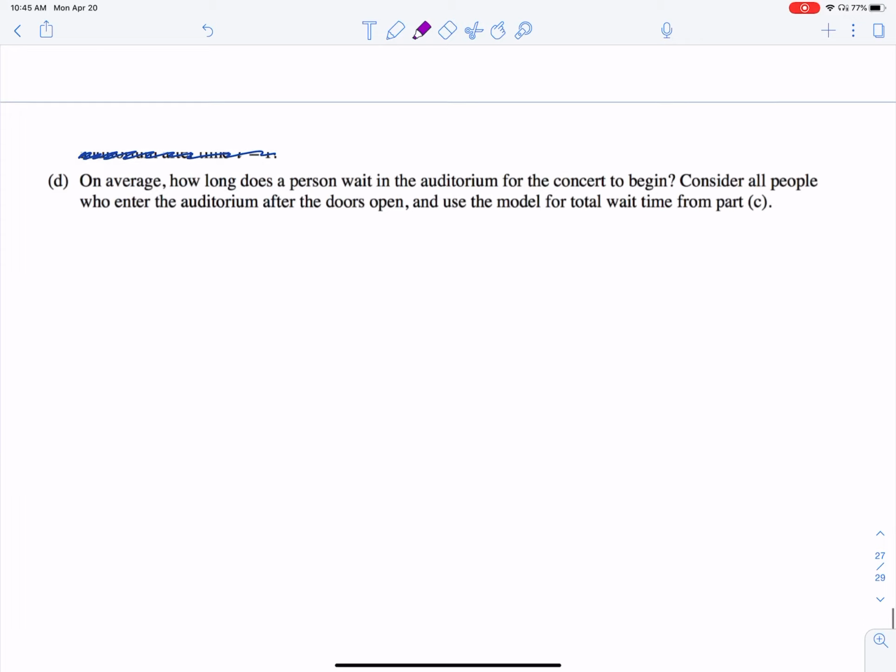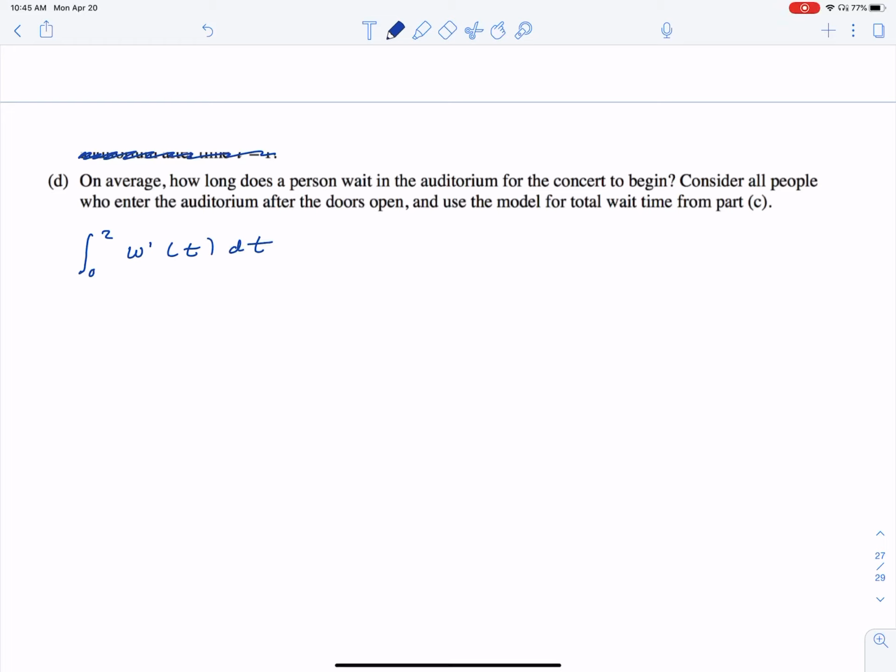So let's go and do that. One more time, I'm going to take the total number of people who enter the auditorium from 0 to 2, so the integral from 0 to 2 of W prime of t, because that's what they gave us.